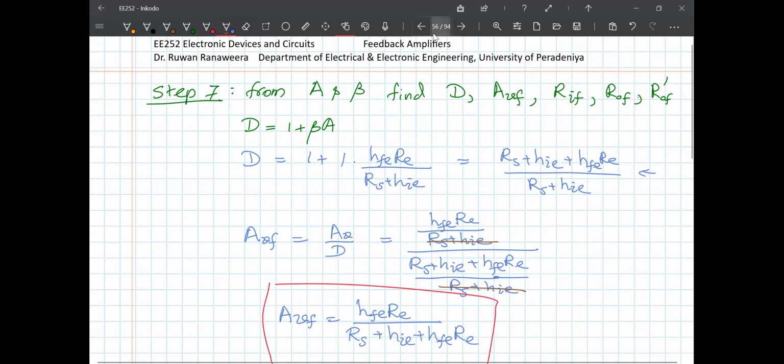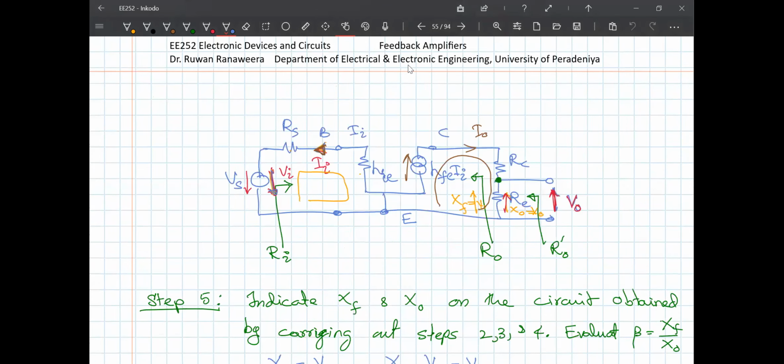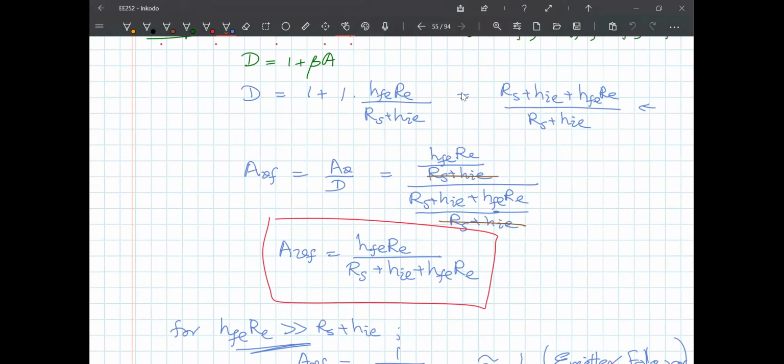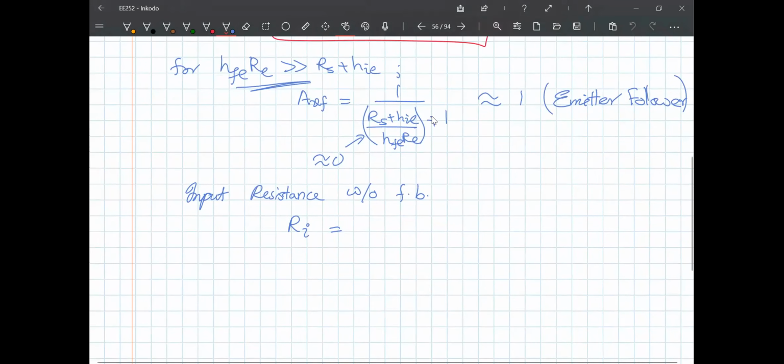If you look at the circuit looking into this, that should be this plus that. These two together, that is RS plus HIE. So that's my input impedance without feedback.